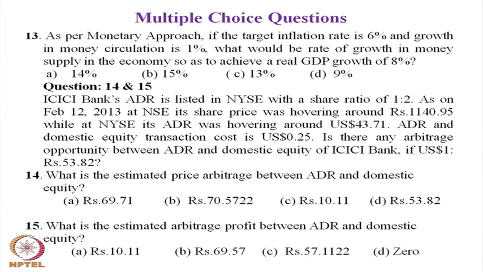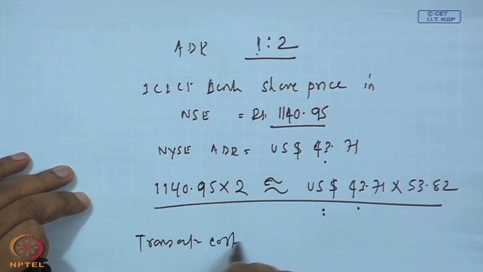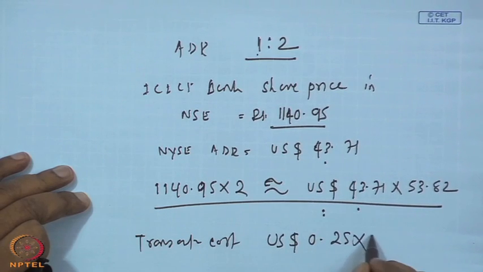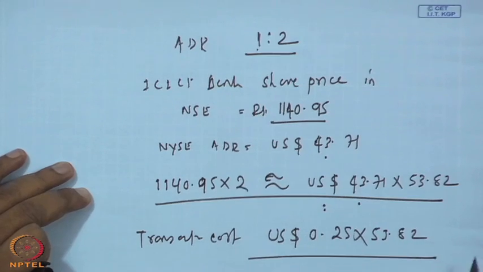What is the arbitrage profit? Arbitrage profit is the price arbitrage minus the transaction cost. The transaction cost is US dollar 0.25 into 53.82, which is the rupee equivalent of the transaction cost.